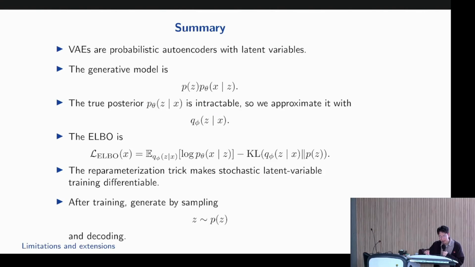So in summary, VAEs are probabilistic autoencoders with latent variables, and the true posterior is intractable, so we approximate it with a neural network, and that was the intuition, but the derivation was actually intuition free. We just started off from the log likelihood, log p theta, and then we just applied Jensen's inequality and the definition of KL divergence.